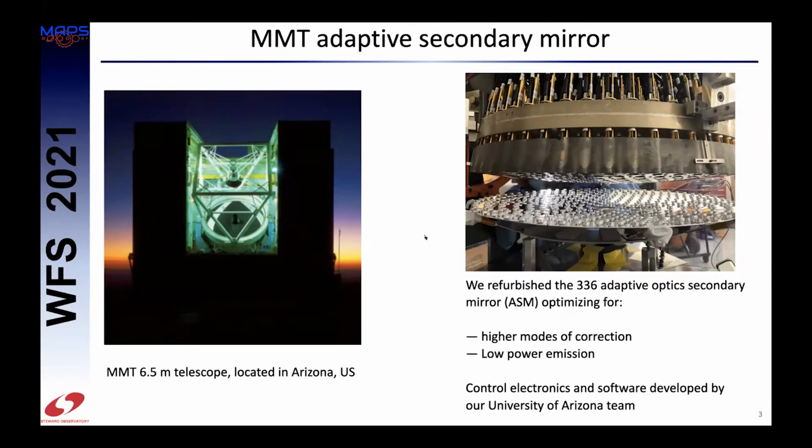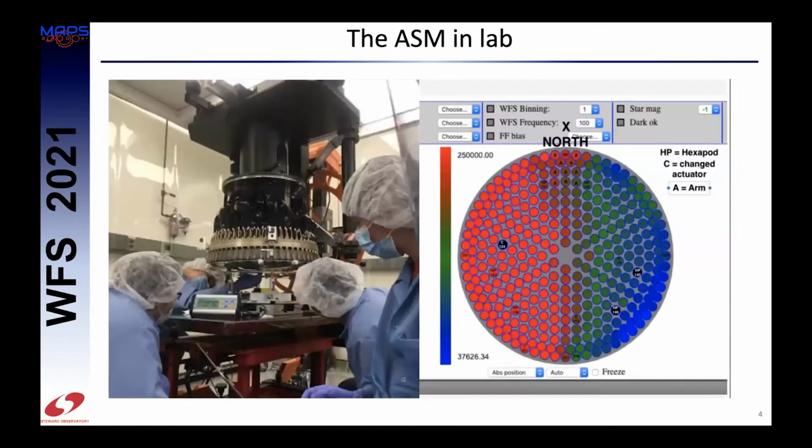The new ASM system is optimized for low power emission and higher modes of correction. Before, it was using a Shack-Hartmann wavefront sensor with a low number of corrections, so we wanted to go for higher order correction.